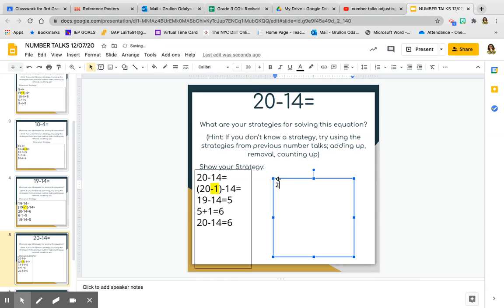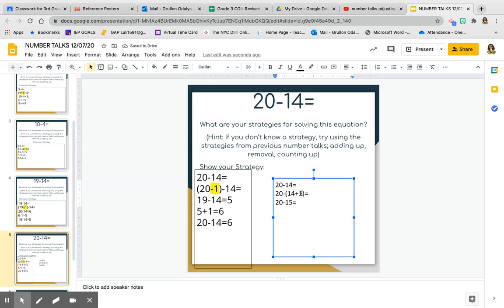So here again, we have 20 minus 14 equals. I'm going to change this number and make it friendlier for myself. So I have 20 minus (14 plus 1), and I'm going to remember to put that in parentheses because that is one operation that I'm doing there, equals 20 minus 15.